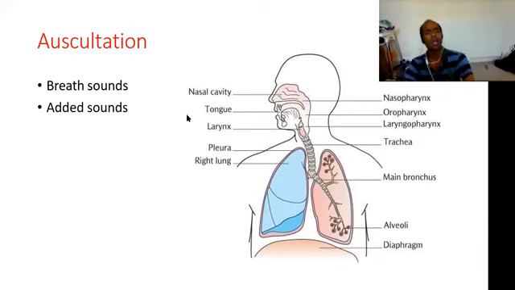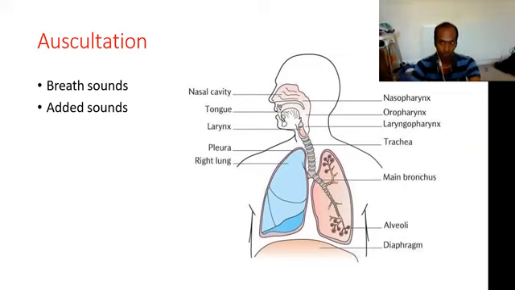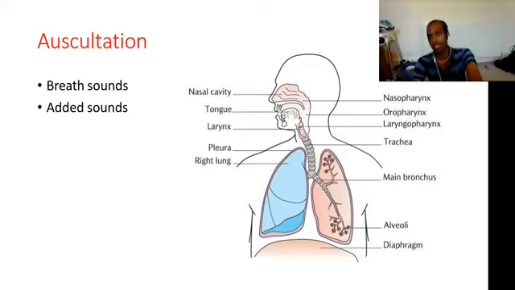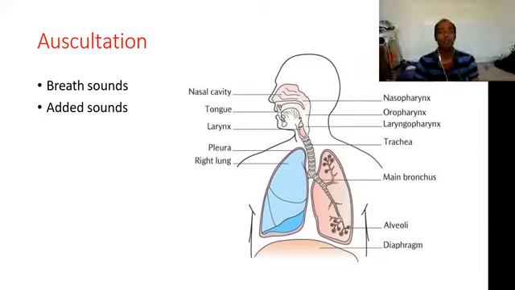Okay. Now, when you auscultate the lungs, you're listening for breath sounds. Now, when it comes to breath sounds, you have to comment on, number one, what type of breath sounds these are. There are two types of breath sounds: vesicular breath sounds and also bronchial breath sounds.